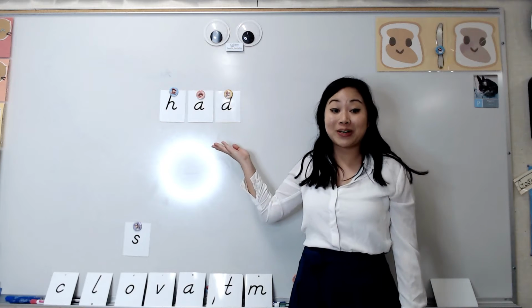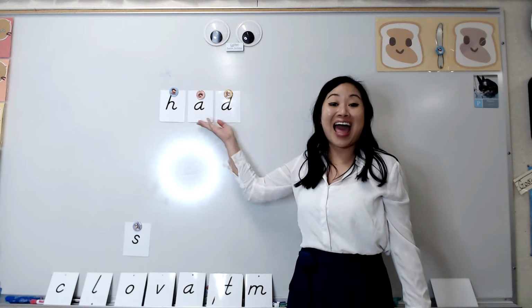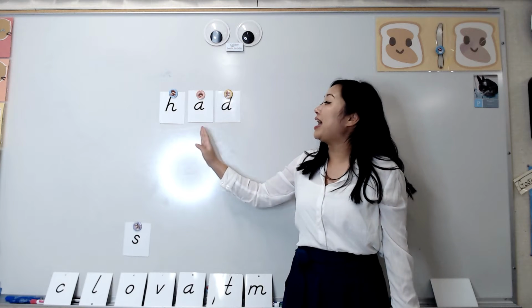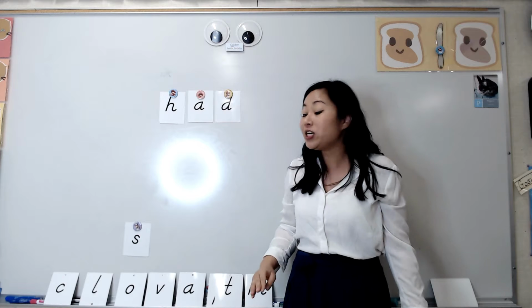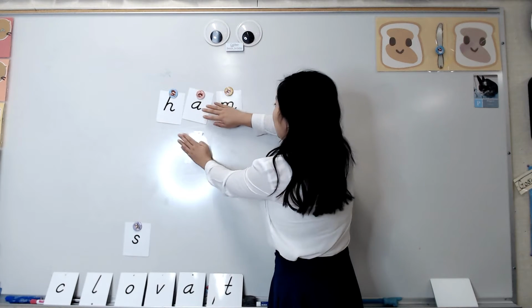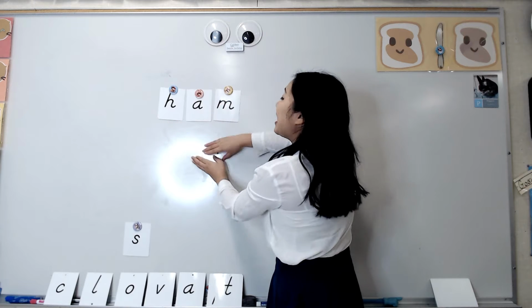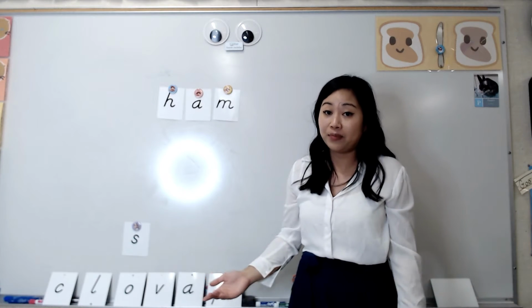What does this word say? You're right, this is our sight word had. H-A-D. That spells had. If I change the D to an M, does that still spell had? No, now it says ham.